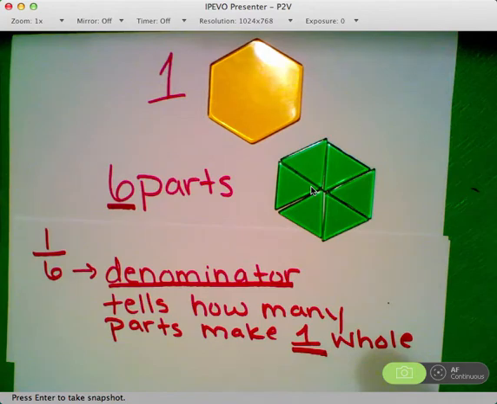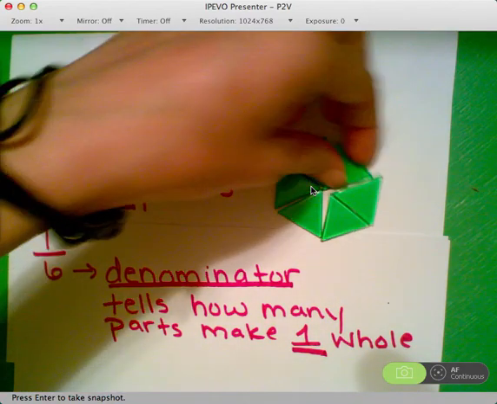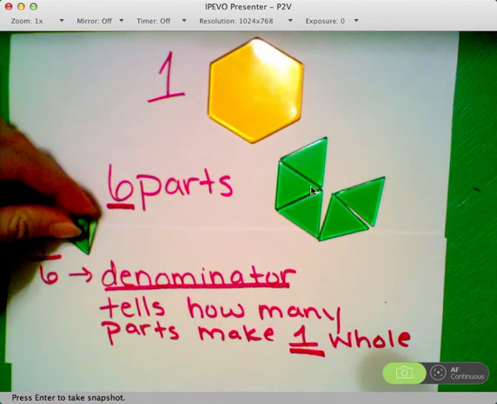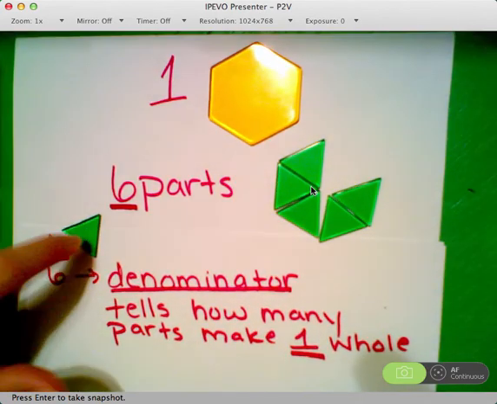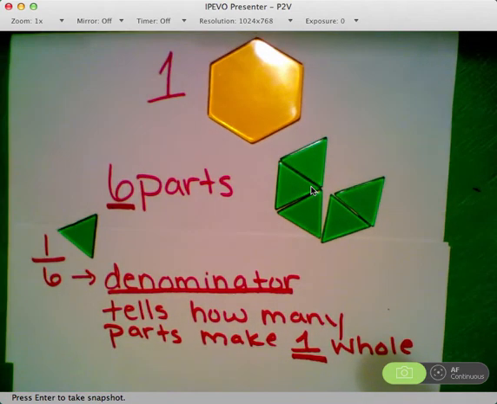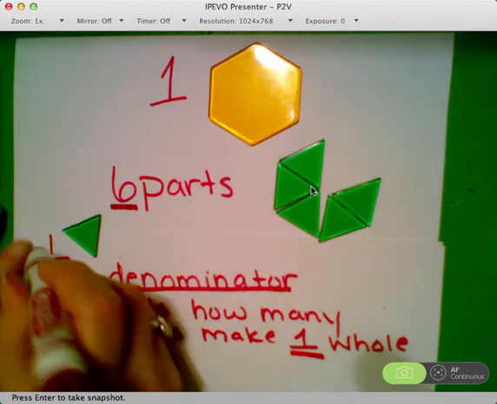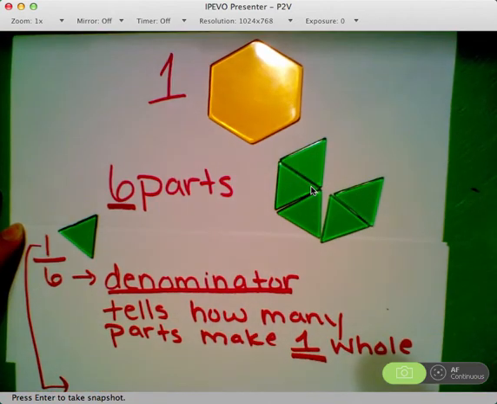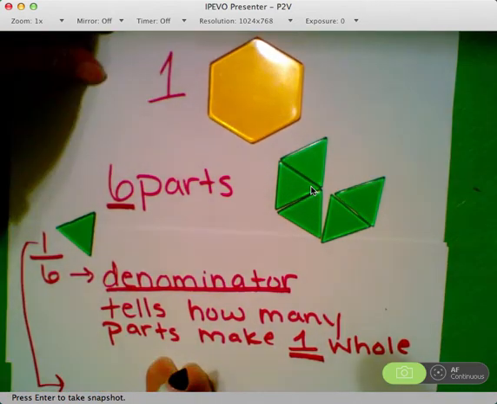Well, what about this top one? Remember, that's when we had one part of that hexagon. So what do you think? It's called the, let's move it up.